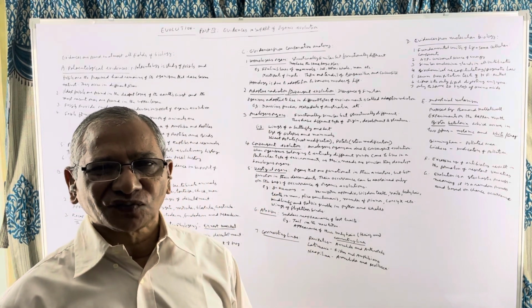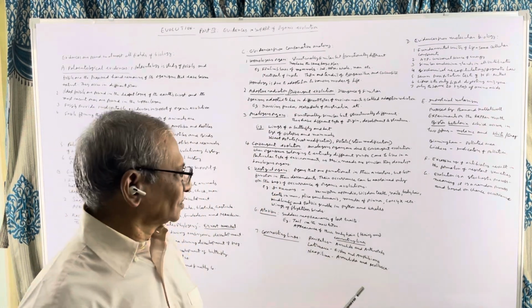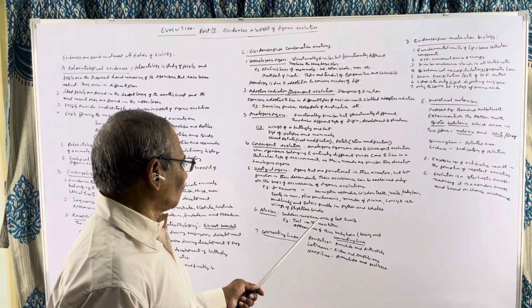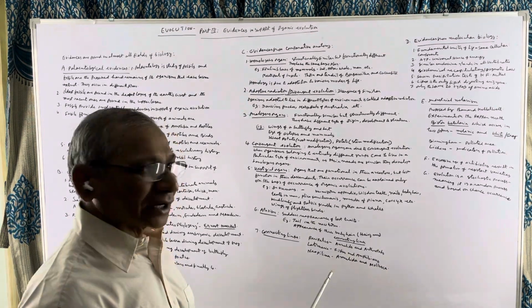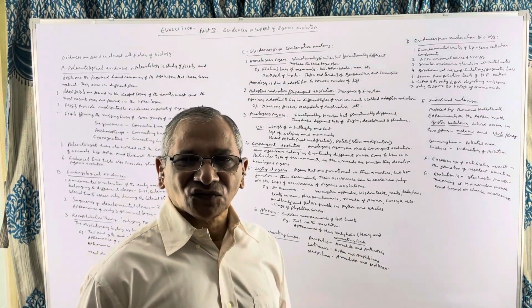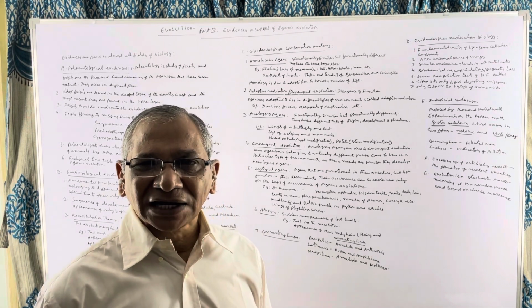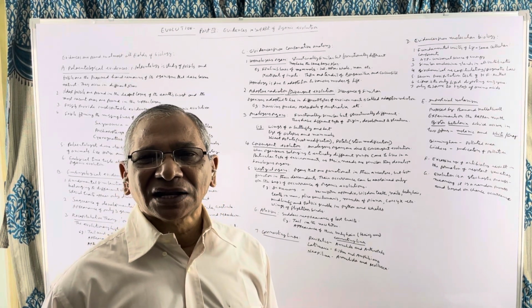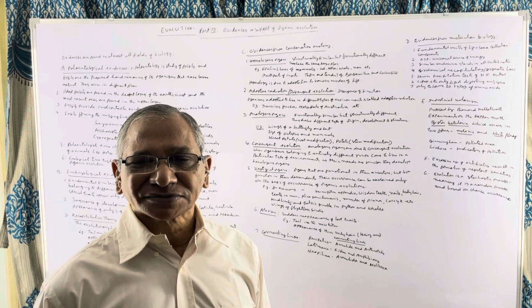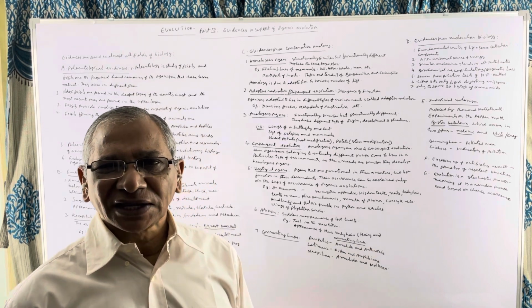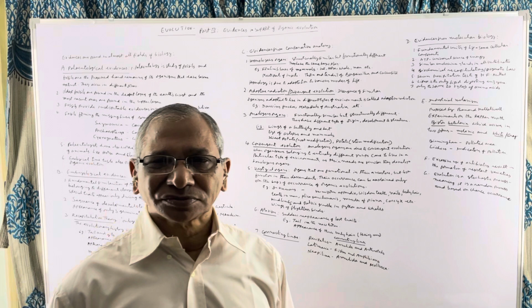Vestigial organs are also found in a number of other animals. You take the example of whale and python. In whale and python, hind limbs and pelvic girdle occur in the form of vestiges. You take the flightless birds, ostrich.